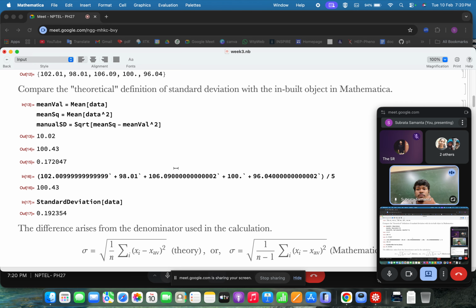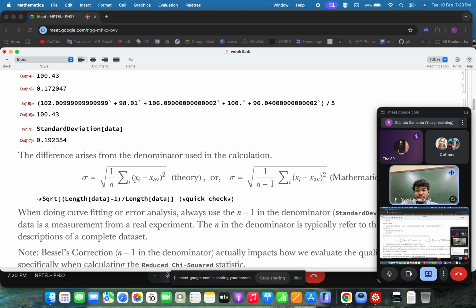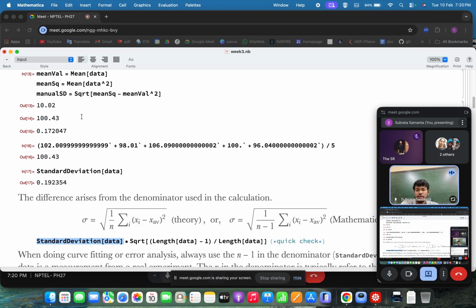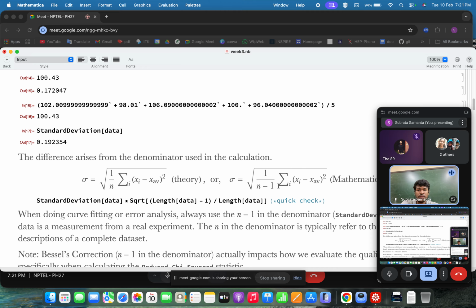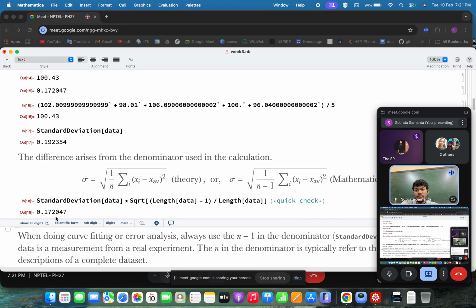So, you see that the difference is, now if we multiply it with the square root of n minus 1 divided by square root of n, we get the theory results. How to calculate this way? We just multiplied n minus 1 over n. You just quick check this, you see that 0.17 to 0.47.